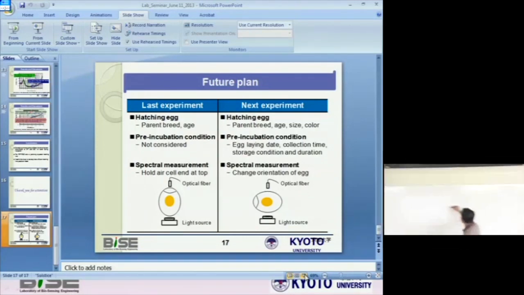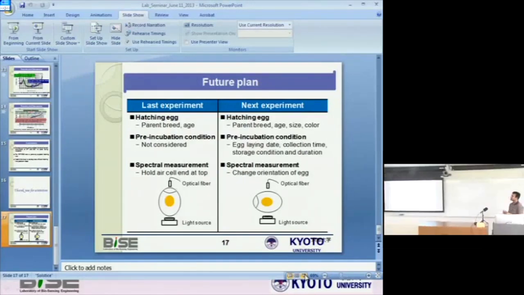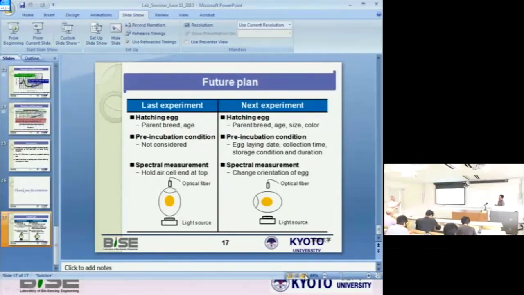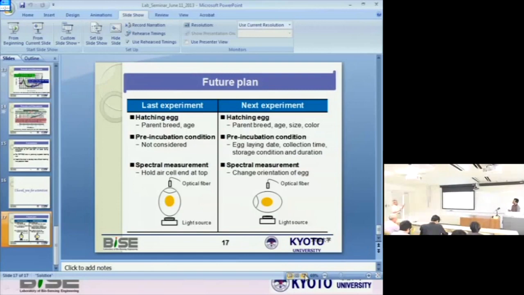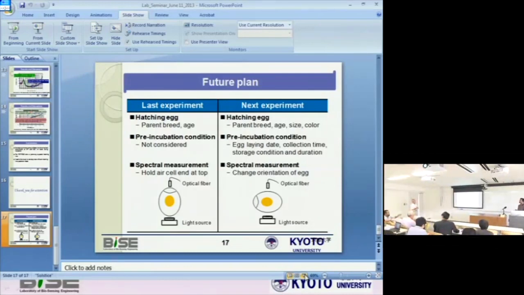We just put the cover like this, and the optical fiber. Not all, just a point or a specific area would be correct. Why don't you close all of your egg?